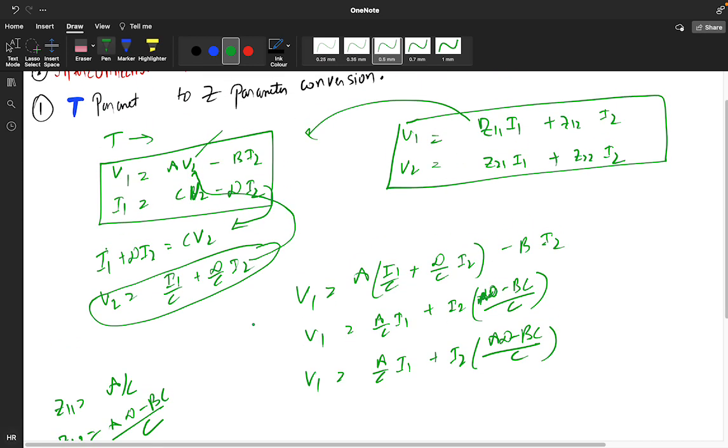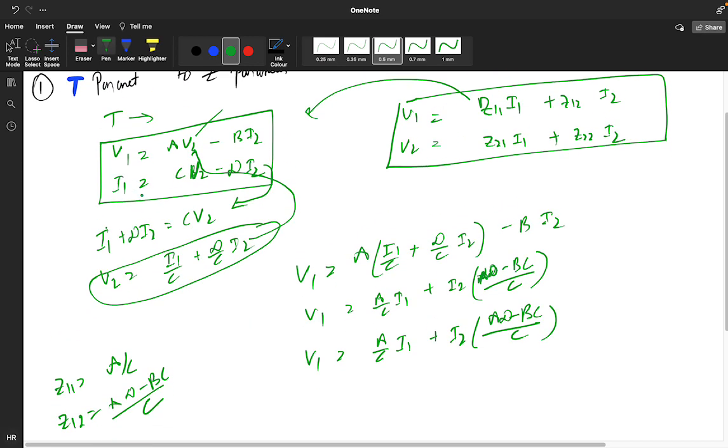Now the same thing you have to do in equation 2. See, you need to find the V2 value in terms of I1 and I2. So V2 is here, I1 is also here and I2 is also here. Just manipulate and get the result. This is your equation 2. How will you get it? CV2 is equal to I1 plus DI2.